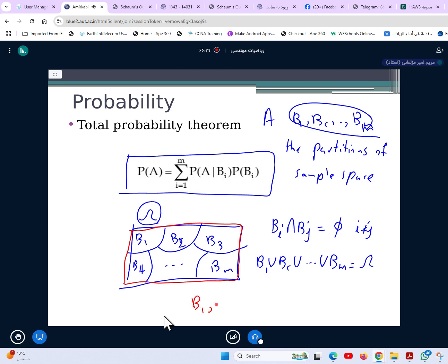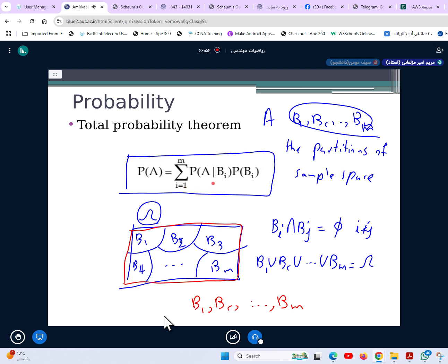So, is the meaning of partitioning the sample space clear? Is the meaning of B1, B2 to Bm clear? Okay. Yes, doctor, it's clear.